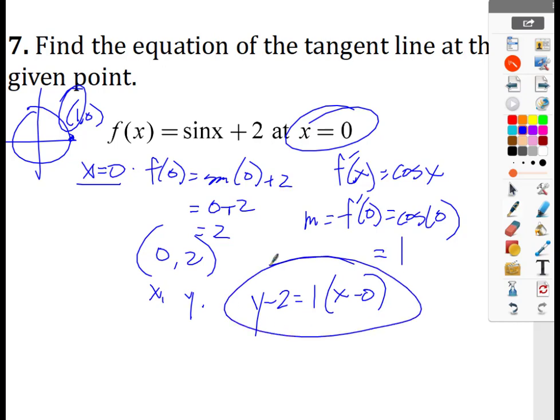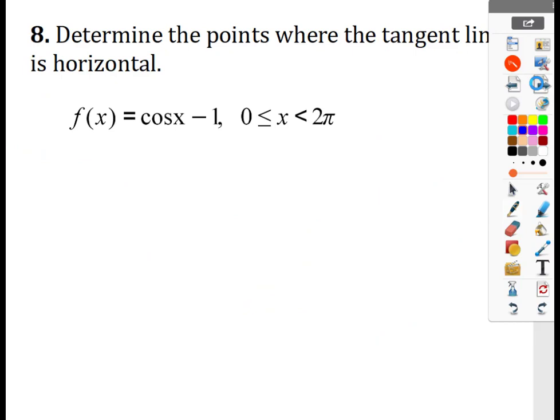That's fine. All right. And the last one, determine the points where the tangent line is horizontal. That's where the derivative is equal to 0. So we take the derivative of cosine of x, which is negative sine of x. Minus 1 disappears, so we set our derivative equal to 0. We're looking for all solutions between 0 and 2 pi.